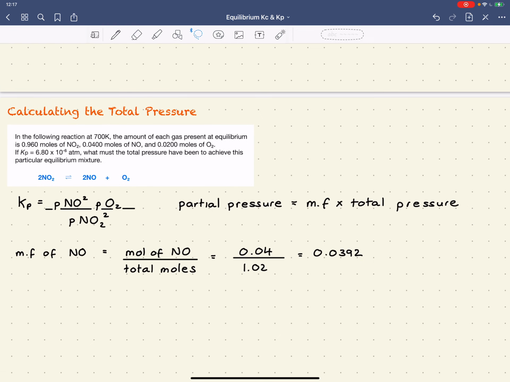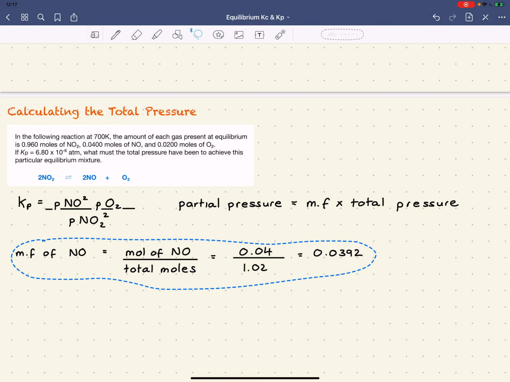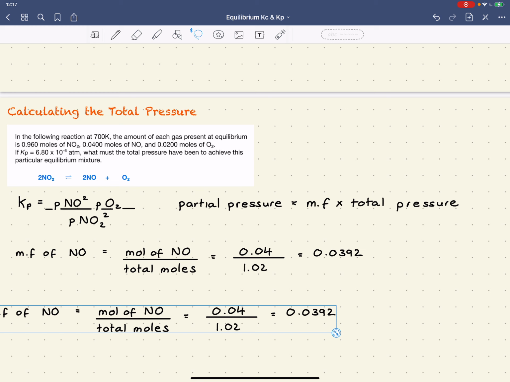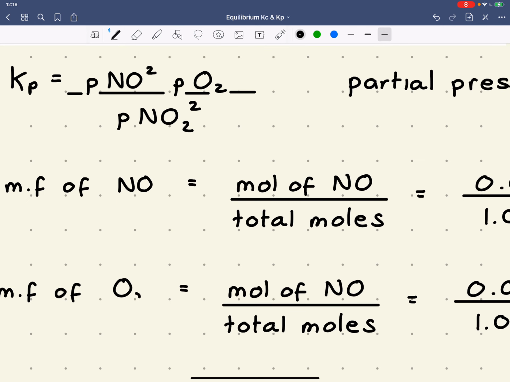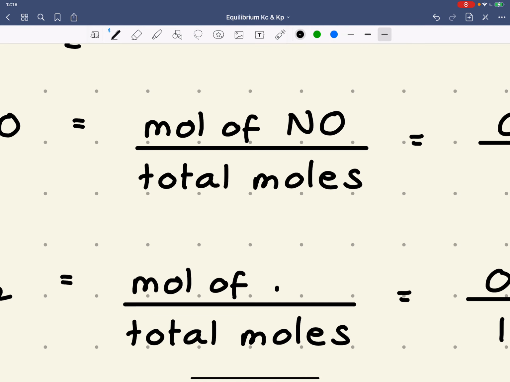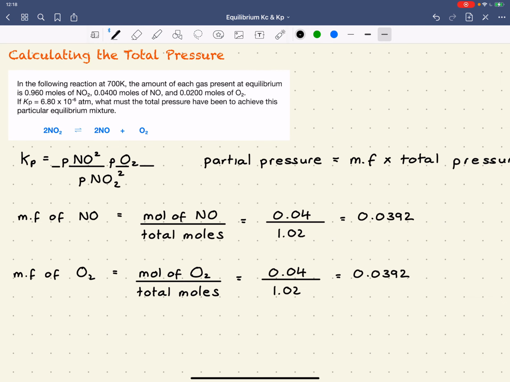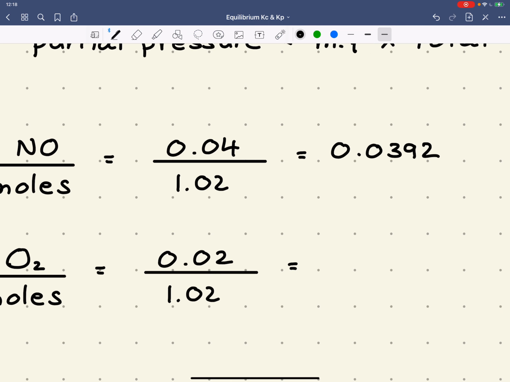And what we do again is we repeat this for the other components in the equilibrium mixture. So let's work out the mole fraction now of oxygen. Again, it's just the same method. And this time we've got moles of oxygen is 0.02, so I need to change that to a 2. And that gives me 0.0196.